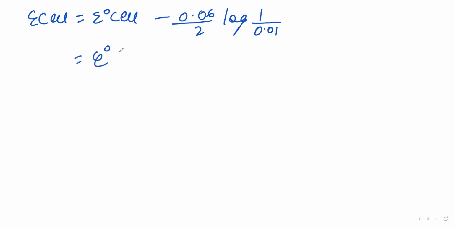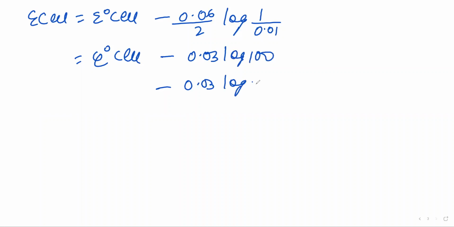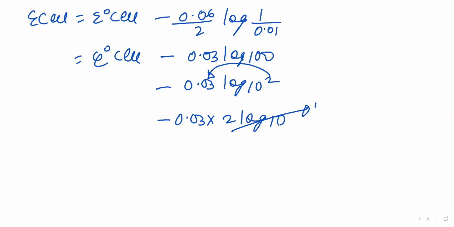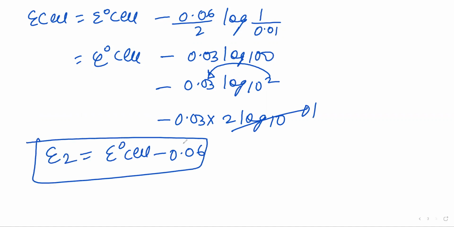So it will be E naught of cell minus 0.03 log of 100. So it will be 0.03 log of 10 raised to 2. So 2 will be coming here. So it will be 0.03 into 2 log of 10. Log 10 is 1. So it will be minus 0.06 E naught of cell. Here E1, E2. So this is E2. So in E2 it is subtracted, right?